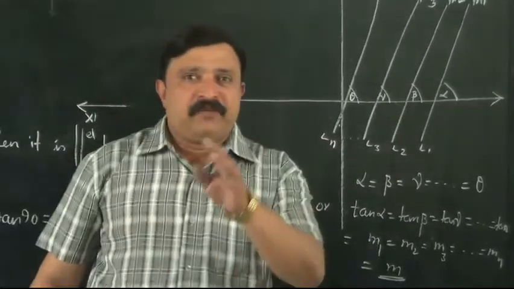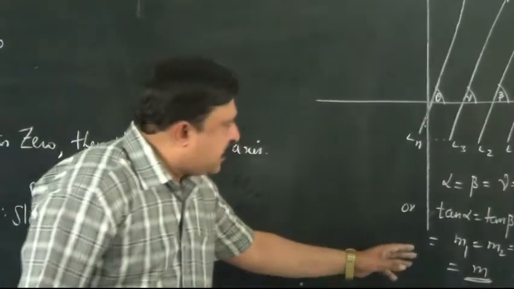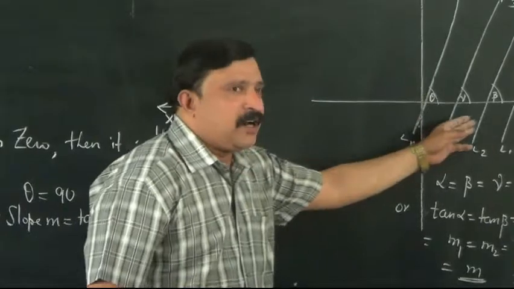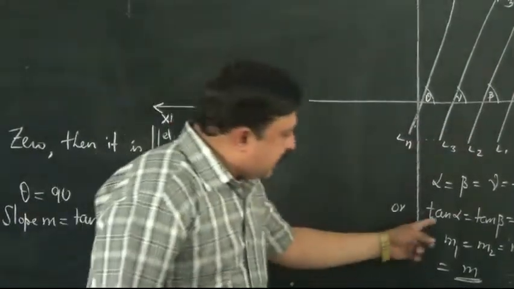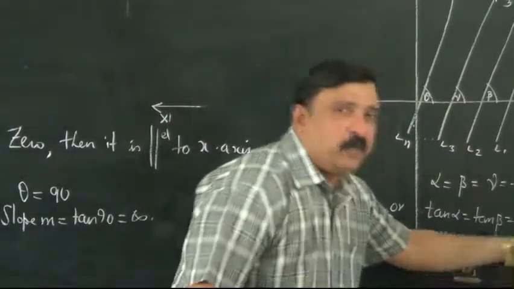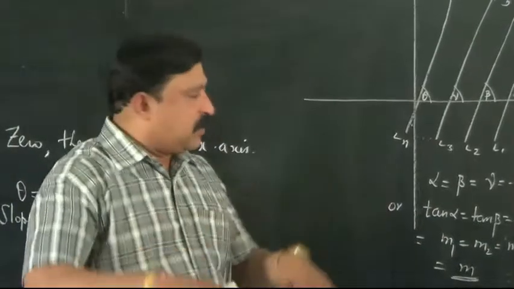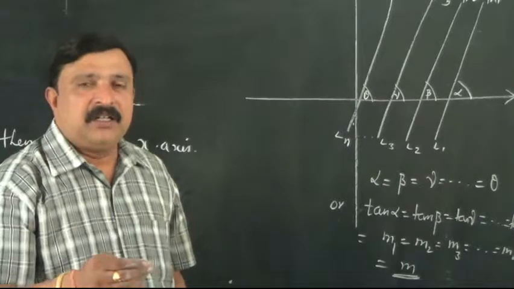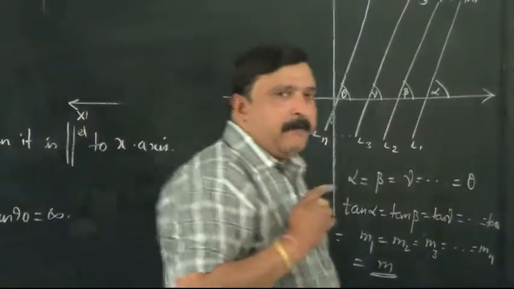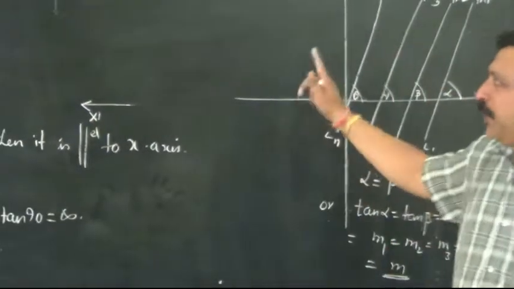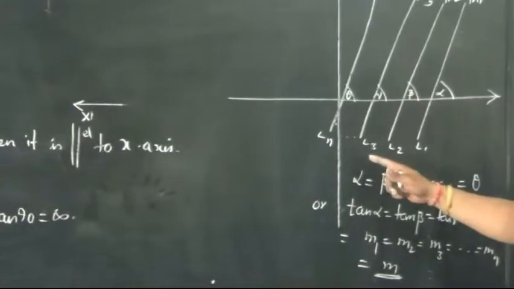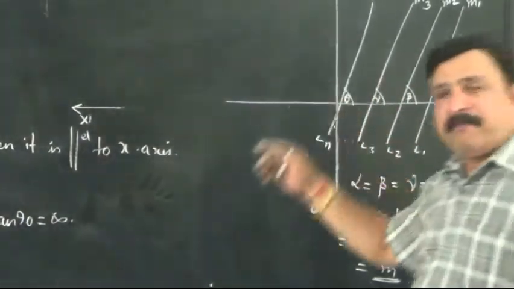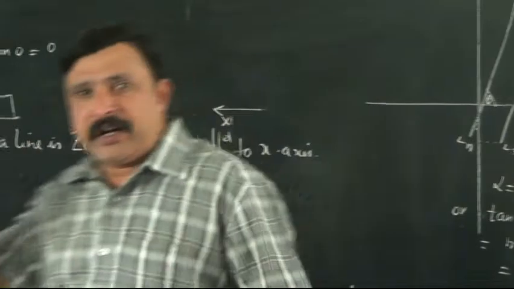So what is the meaning of this? It means that if lines are parallel to one another, then their slopes are equal. Or the converse, if many lines have the same slope in the coordinate system, then they are bound to be parallel. So point number 3 is to note that if lines are parallel, then their slopes are equal.